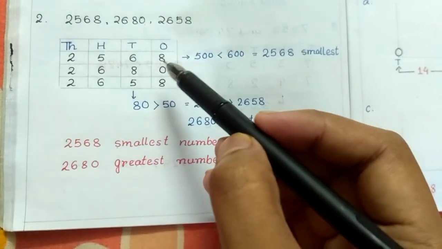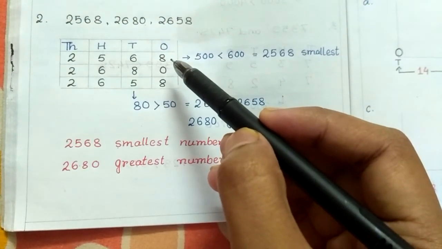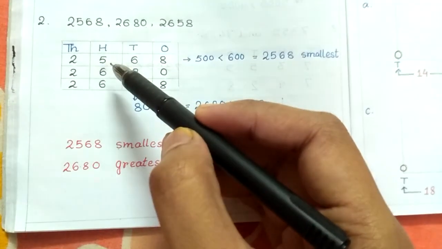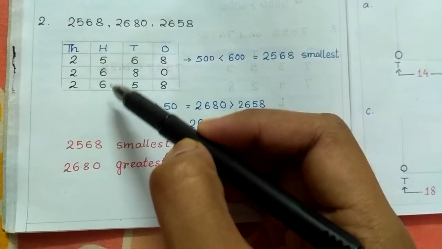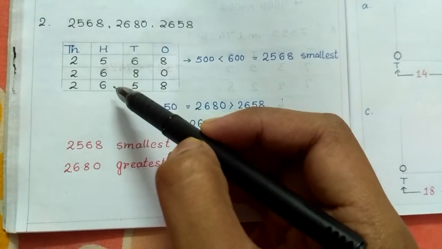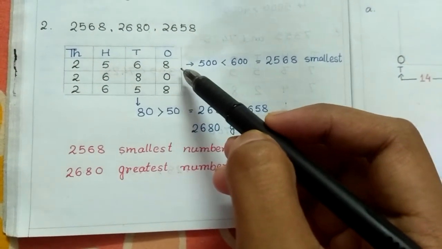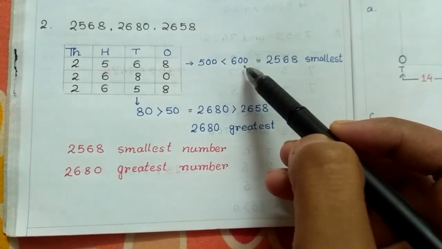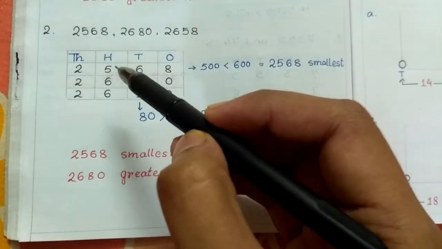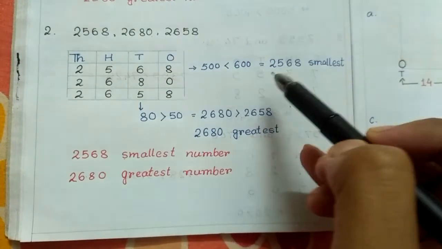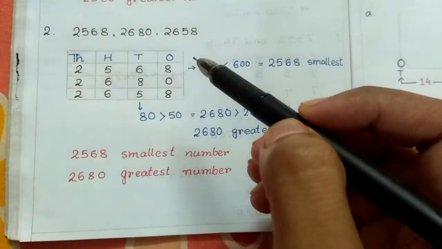Next we get that there is one number with 2500 and these two numbers have 2600 both. So we can easily find out that 500 is smaller than 600. So the number which has 500 is the smallest number among these three numbers.